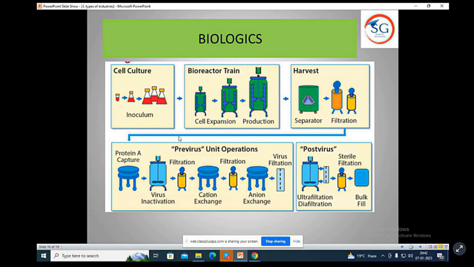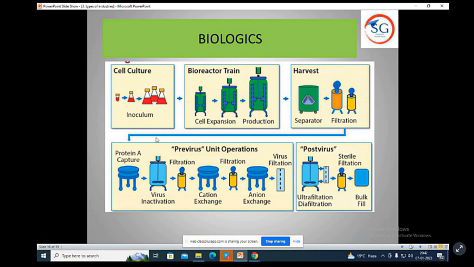Next step is, we need to treat the virus. A virus that is causing some effect to us should be inactivated, and only it should serve the purpose for which it is being taken as a medicine. So here you need to do pre-virus operation and post-virus operation.